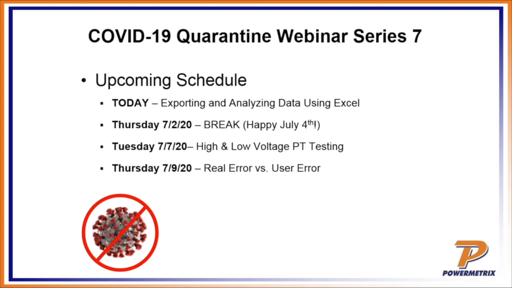And then on Thursday, we're going to do a little bit more of a troubleshooting class. This is real error versus user error. So a real error would be, if I come out to the site, use my PowerMaster, and I get a possible cross-phase connection. Is that real? Is there actually a wiring error, or did I just put the probe on backwards?